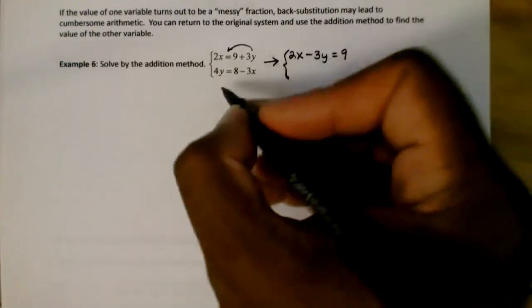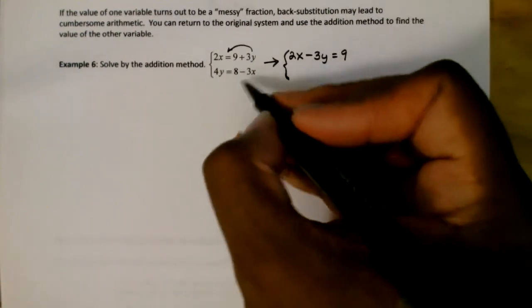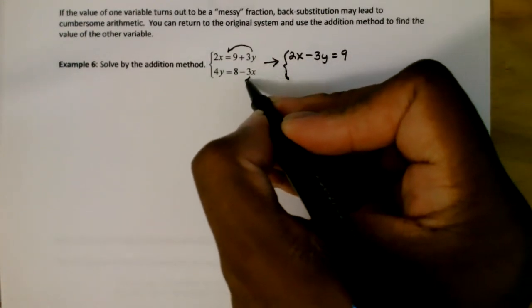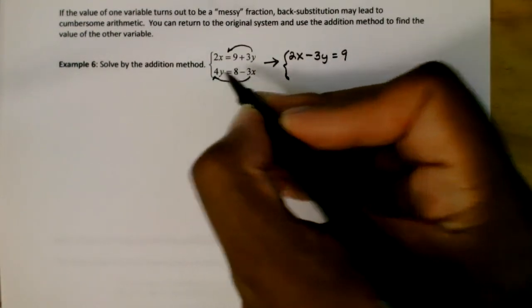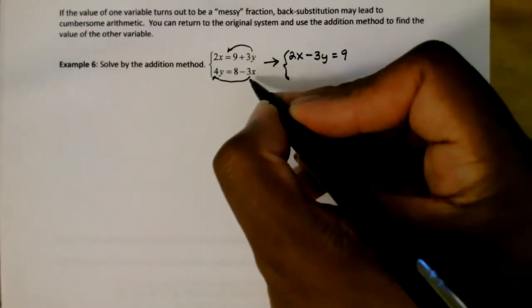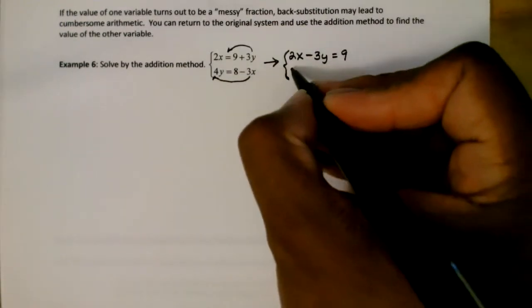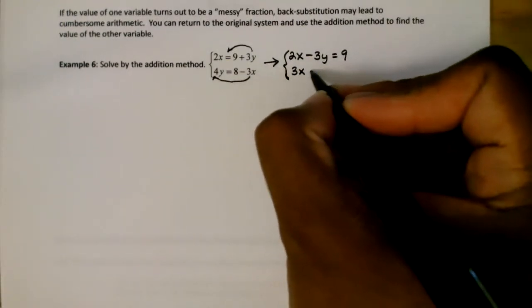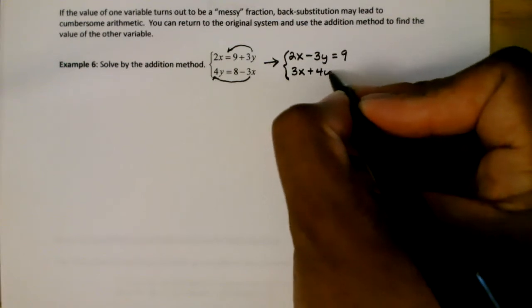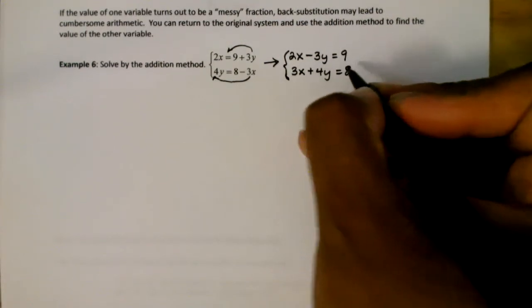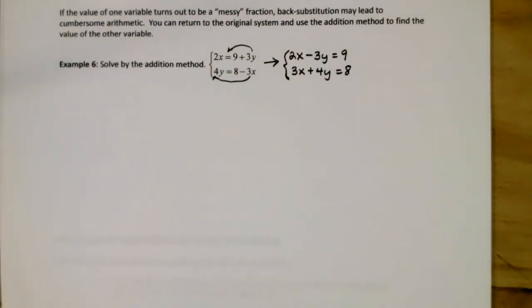And then for the second equation, 4y equals 8 minus 3x, I need to move the minus 3x over to where that 4y is. Well, if I move the minus 3x over to the other side, it will be a plus 3x, and then plus 4y equals 8. So here, both of those equations are written in standard form, where the x and the y is on one side and the constant term is on the other side.